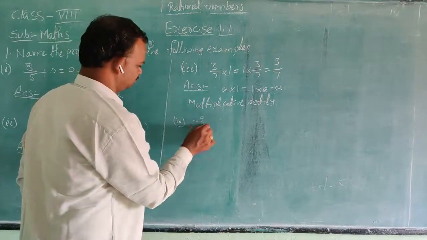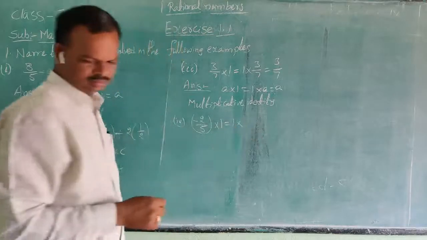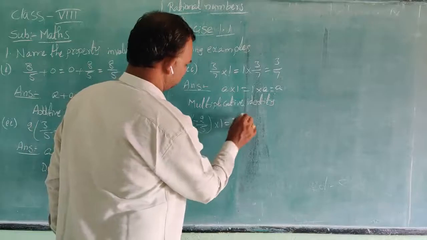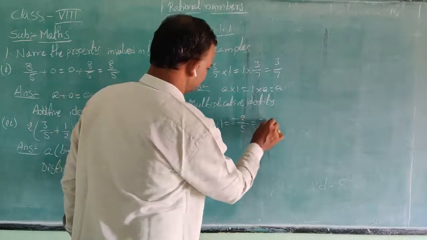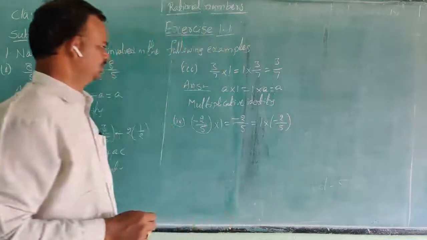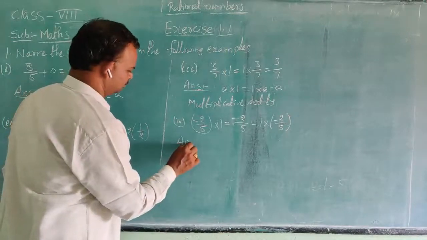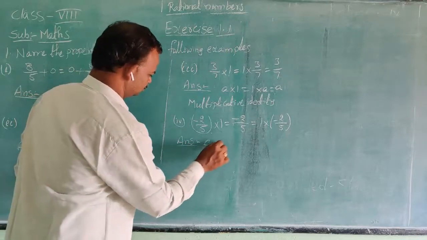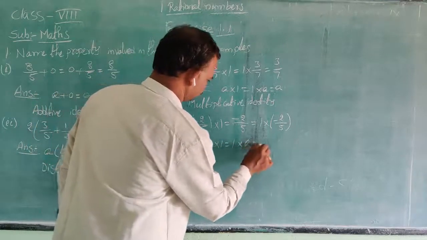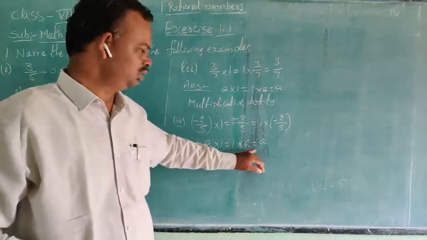And next one, fourth one is minus 2 by 5 into 1 is equal to 1 into minus 2 by 5. This is also in the same form: a into 1 is equal to 1 into a is equal to a.